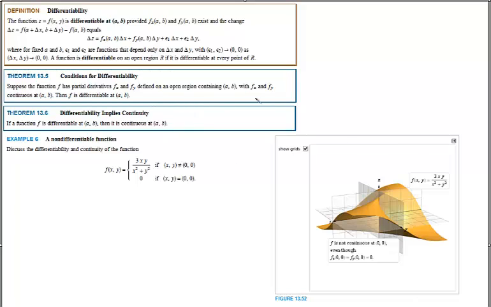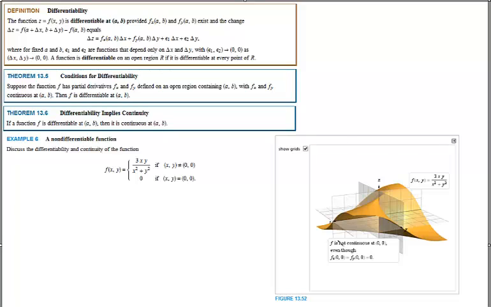Now, if both partial derivatives exist on a function that is dependent on both x and y, then the function is differentiable. But just because we have one partial doesn't mean that it is differentiable. But if it is differentiable, then we know that it is continuous. This function is continuous, but that does not necessarily imply that it is differentiable.